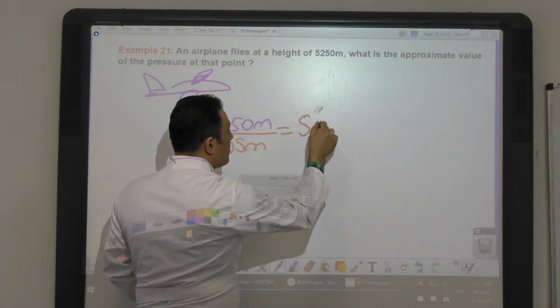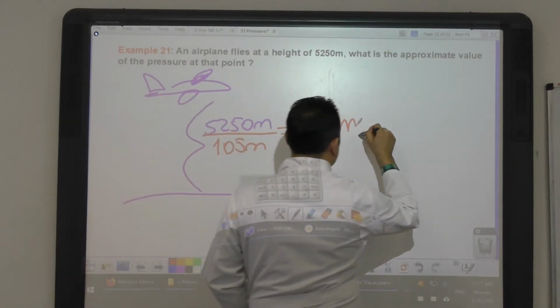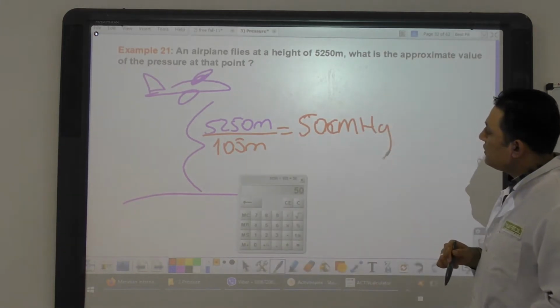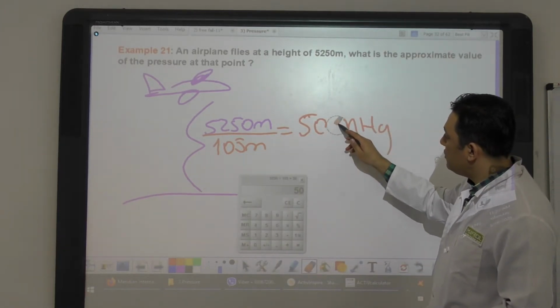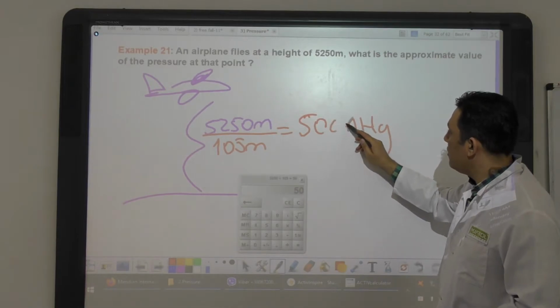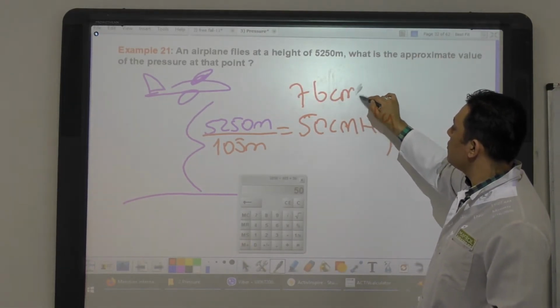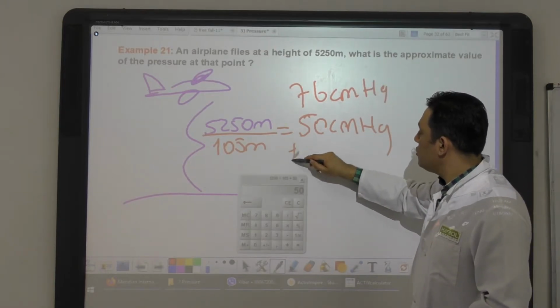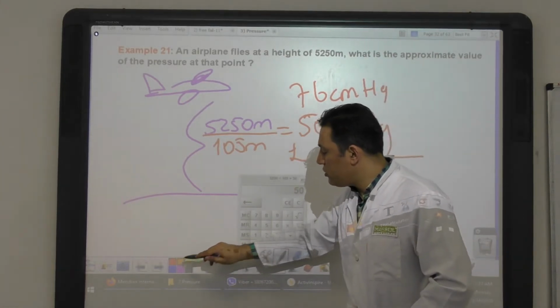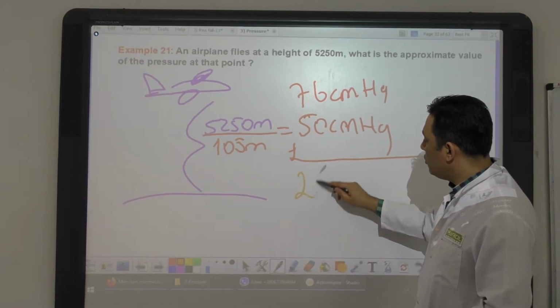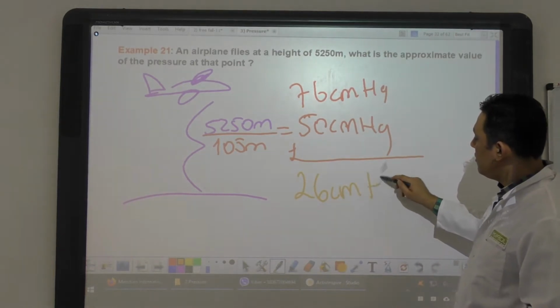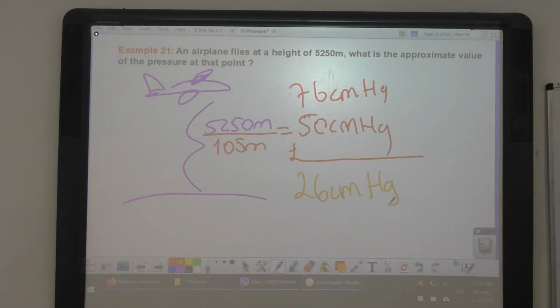So that is 50 centimeters of mercury of decrease in the air pressure. Air pressure at sea level is equal to 76 centimeters of mercury. So the approximate value of air pressure at that height is equal to 26 centimeters of mercury.